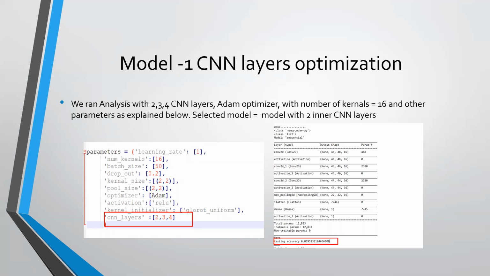We ran analysis with CNN layers 2, 3, and 4, the Adam optimizer with number of kernels 16, and other parameters as explained below. We selected a model with CNN layer 2. We got a testing accuracy of around 85%.